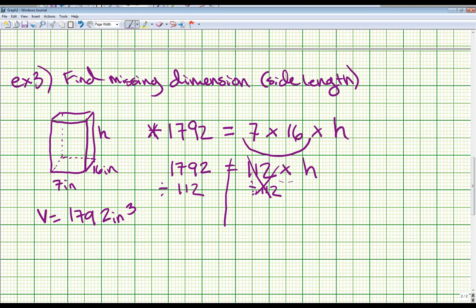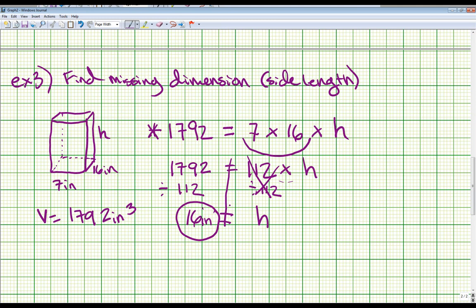That cancels these out, and now I have height equals 1,792 divided by 112, and that actually gives us 16. So the height of this computer tower is 16 inches. I'm not going to put the little cubed on this one because we're not trying to find volume. We're just trying to find one of the side lengths, which is the height. So 16 inches would be our height of the computer tower.